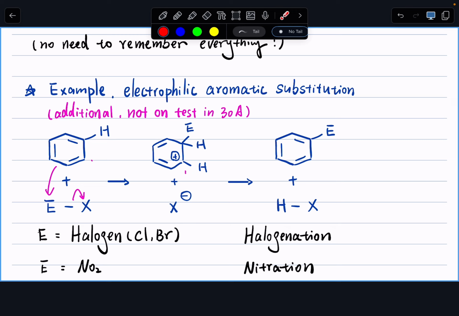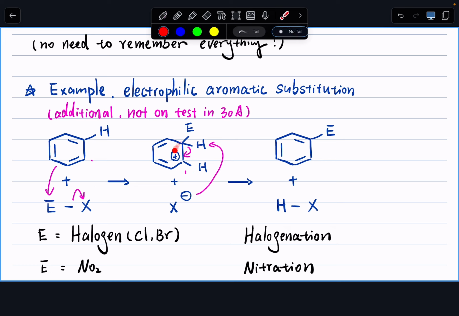So far, so good? Next up, we can think about the electron movement going this way. Now the anion attacks the hydrogen, and the electrons go this way.